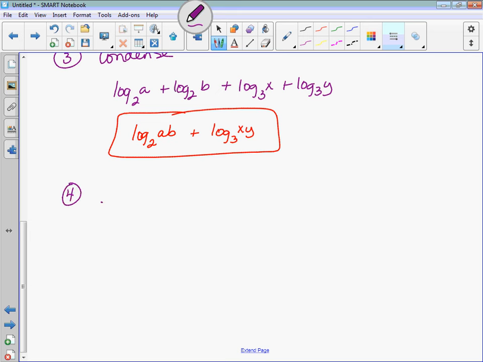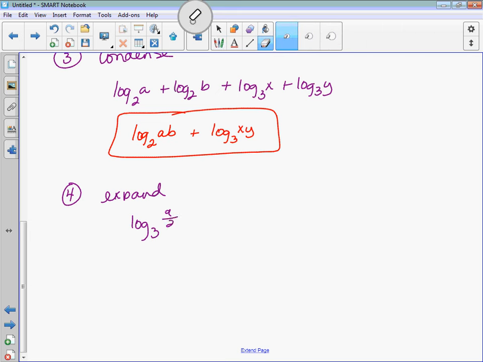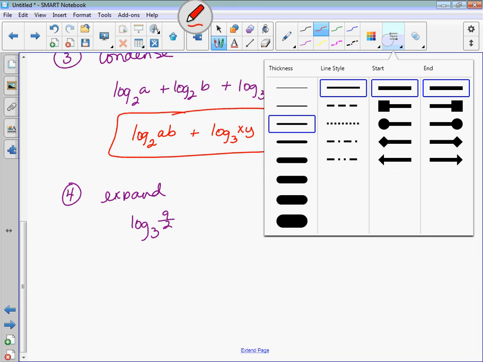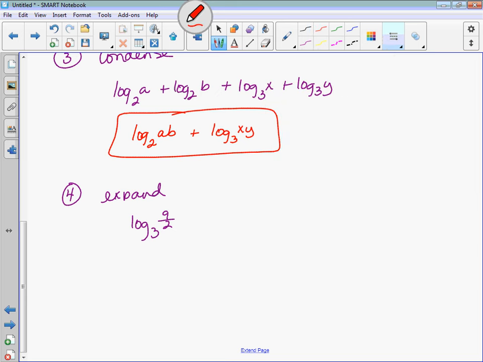We are going to go ahead and expand again. Log base 3 of 9 over 2.